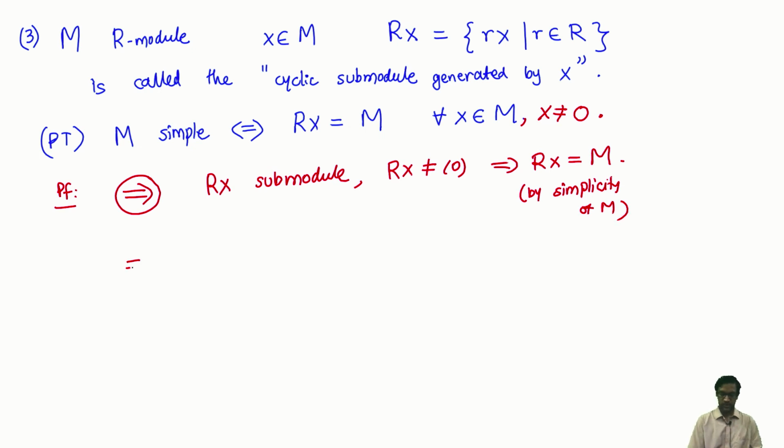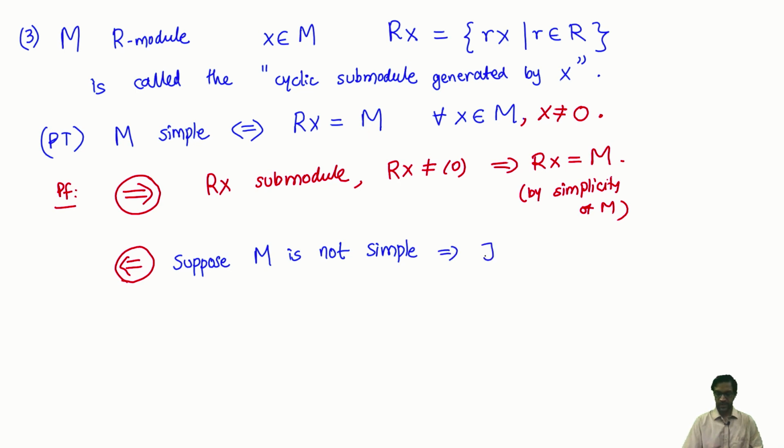Now it's the converse that really needs work here. If every cyclic submodule equals the whole, why is it true that M must be simple? Let's prove that M is simple. So what does it mean? Suppose not. Why don't we proceed by contradiction? Suppose M is not simple. What does that imply?